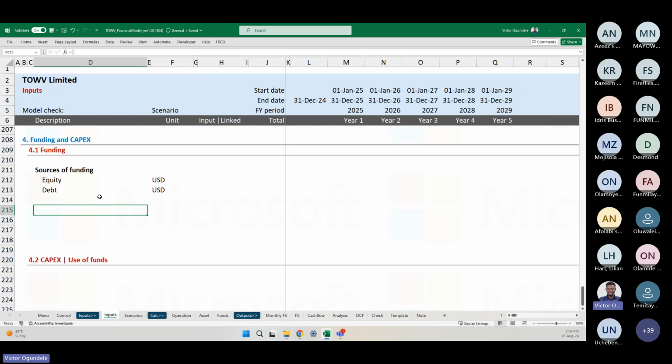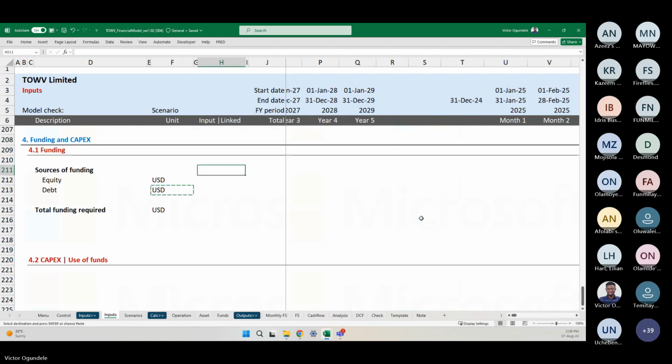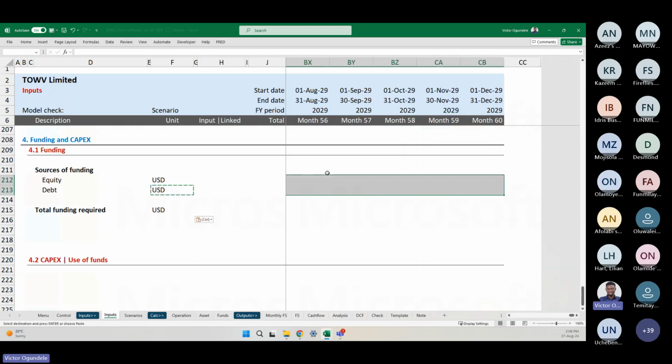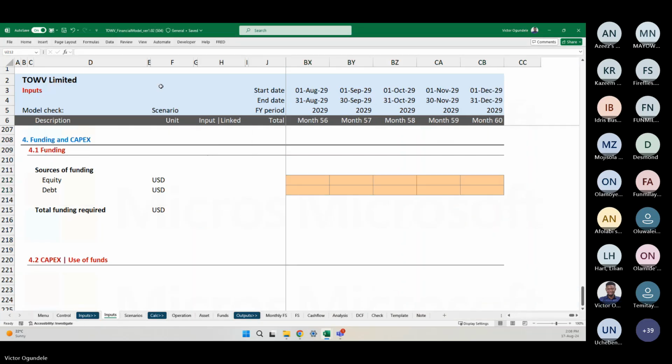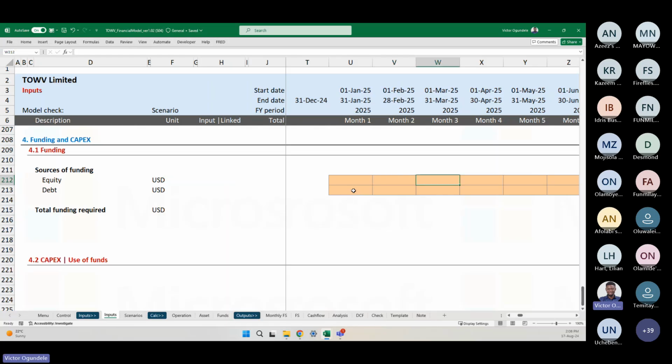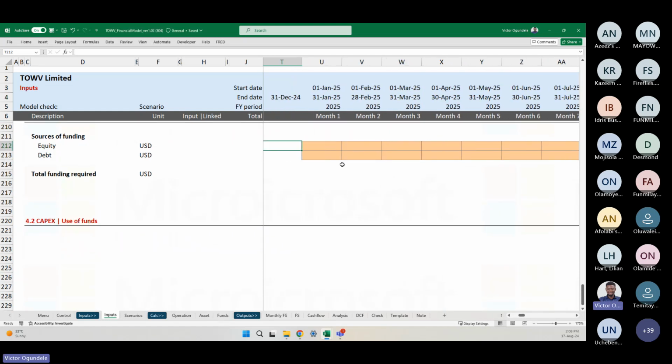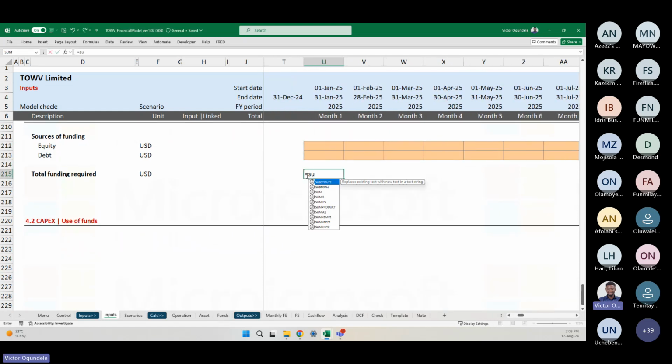So for this one, I think we should just stick to this, then this total funding required. Now put everything as inputs across the 60 months. Then our total funding required, we can sum that together.